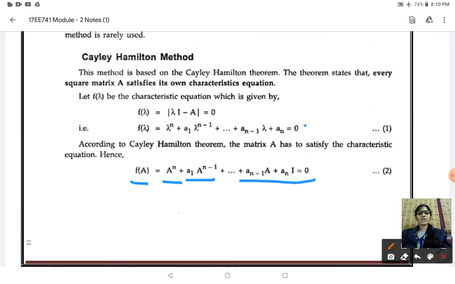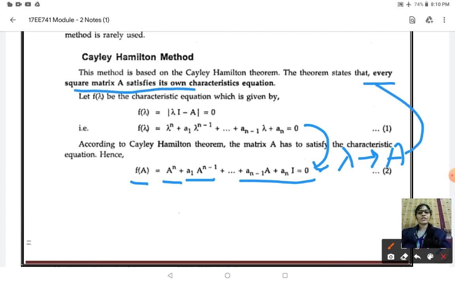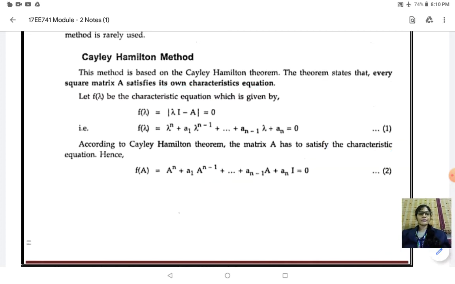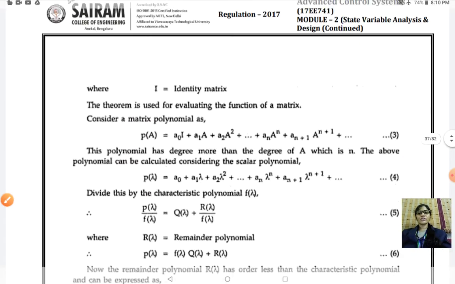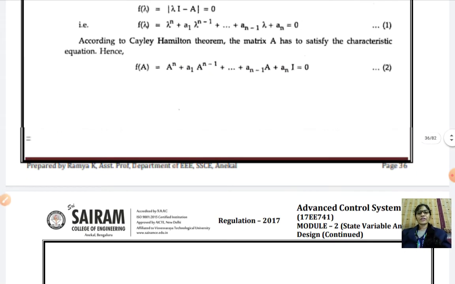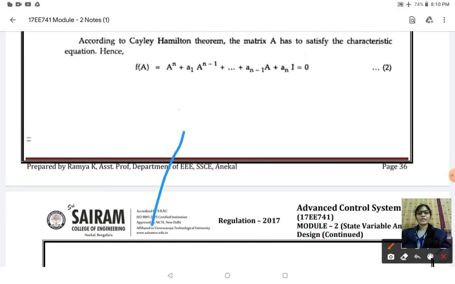In this equation, just replace all lambda with the matrix A. As the theorem states, every square matrix A should satisfy its own characteristic equation. Clear?